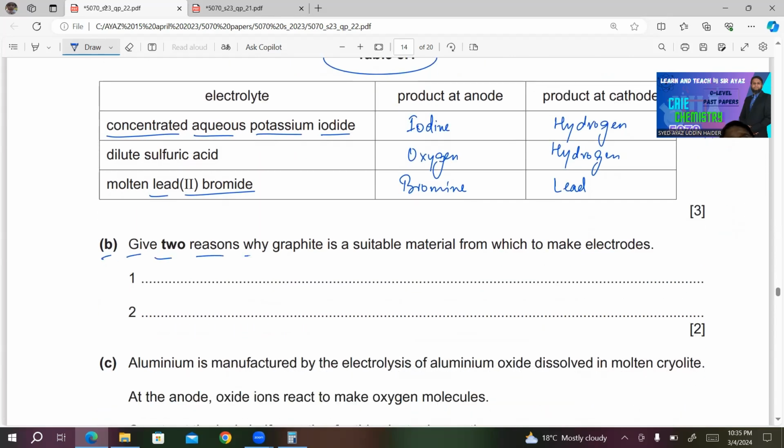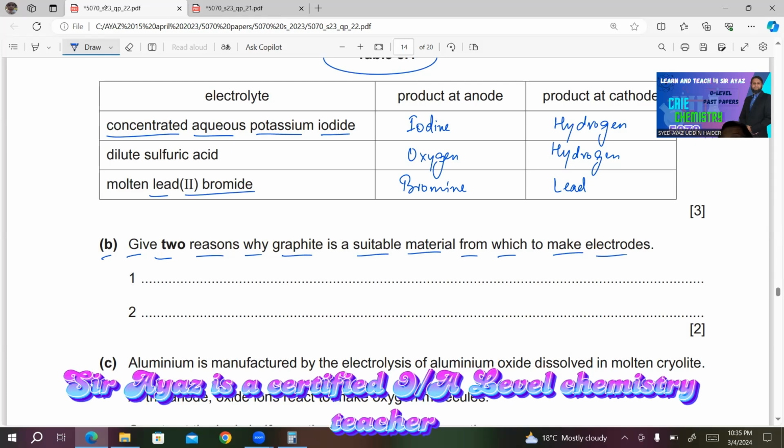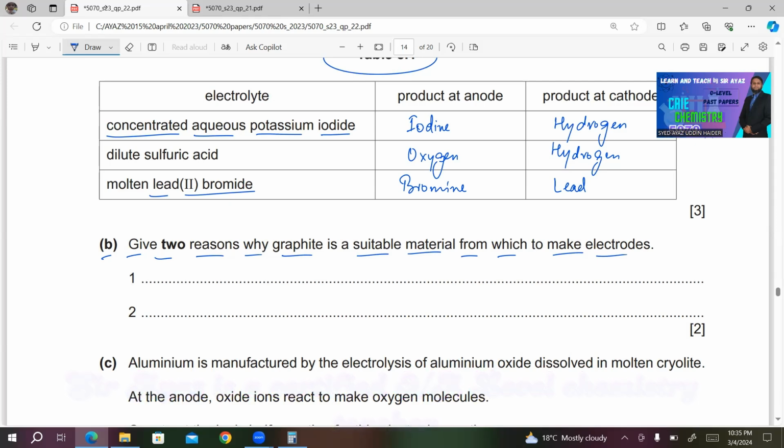B. Give two reasons why graphite is a suitable material from which to make electrodes. So it's very easy. It's inert or unreactive, having high melting point and conducts electricity. You can write any two of these.